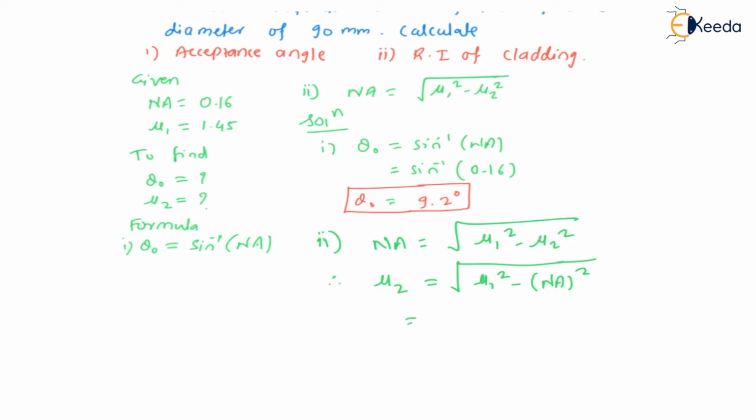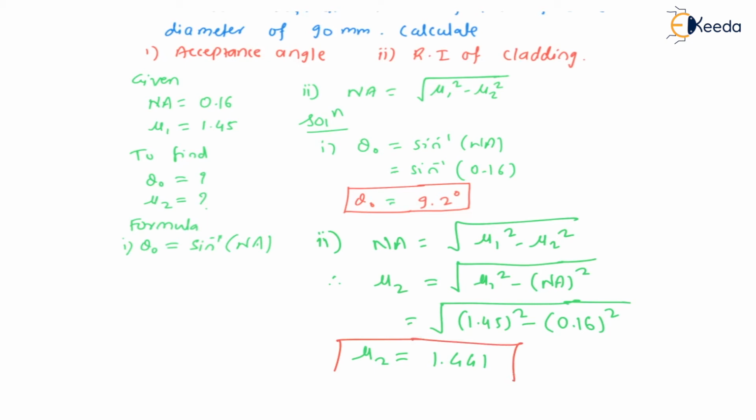By substituting the values, mu1 is (1.45) square minus the value of Na, which is 0.16 square, and by doing the calculations we get the value of mu2, the refractive index of cladding, as 1.441. So this is the refractive index of cladding.